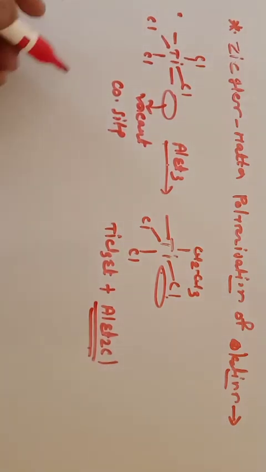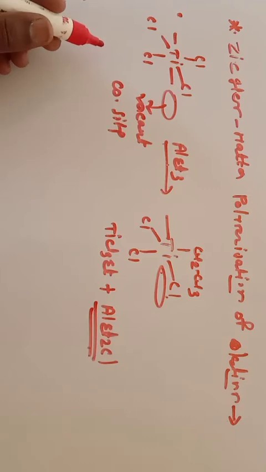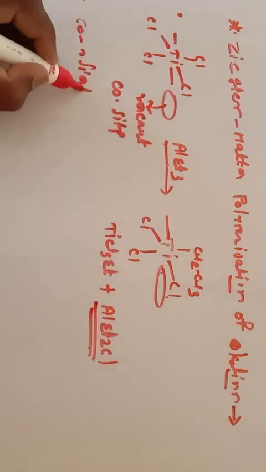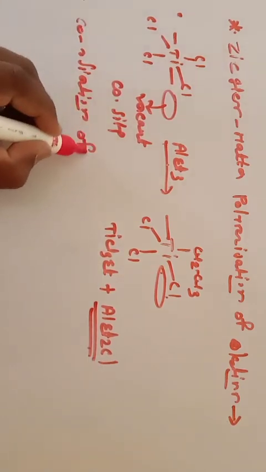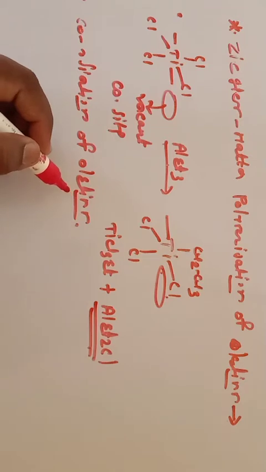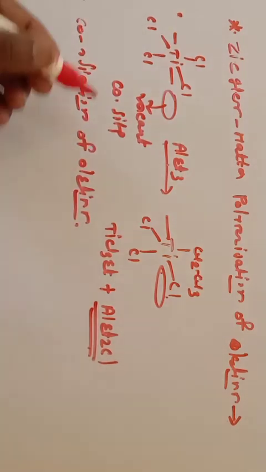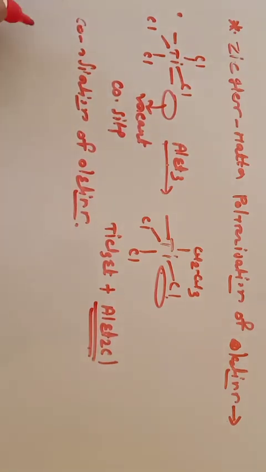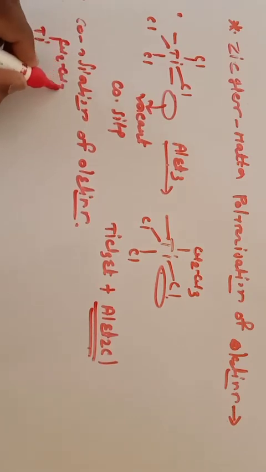So the first step is the replacement of one of the chlorines by the ethyl group, and the second is the coordination of olefins, that is the carbon-carbon double bond, since it has a vacant site.